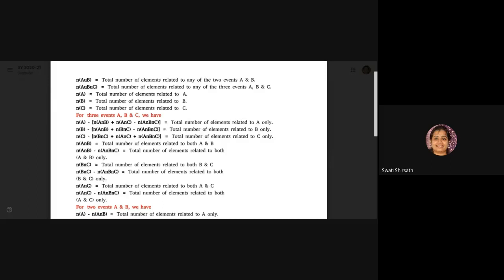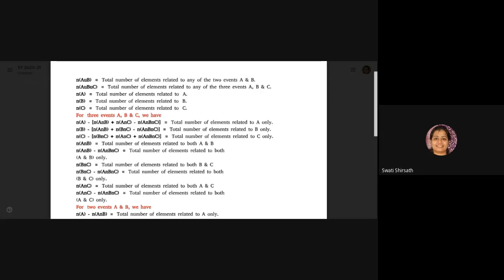This minus sign is there outside. From every set you have to deduct the B and C parts. You want only A, and that is nothing but the combination of AB and AC, so you deduct those things, but then you add back the values which were deducted twice during AB and AC, so we add the cardinality of the intersection of A, B, and C.